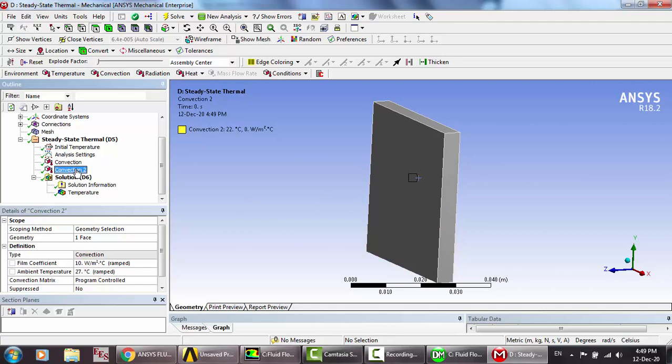Okay, now let's see if we decrease this to 19. We'll have here 10.